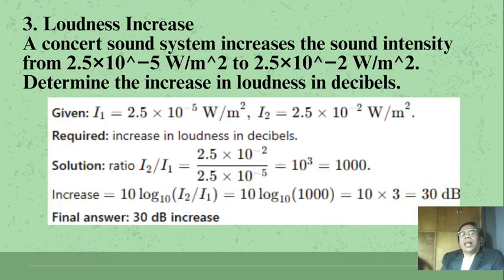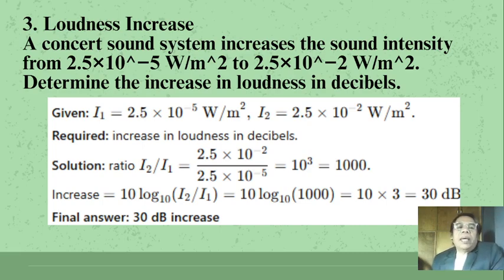Number 3, loudness increase. A concert sound system increases the sound intensity from 2.5 times 10 raised to negative 5 watt per meter squared to 2.5 times 10 raised to negative 2 watt per meter squared. Determine the increase in loudness in decibels.